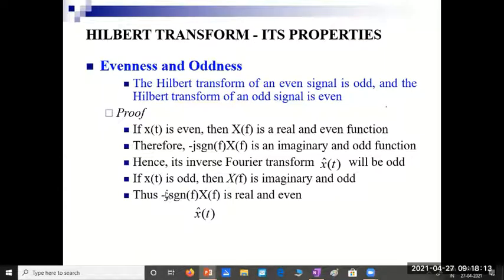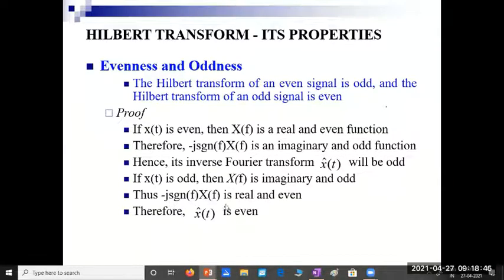When you multiplied with minus j, it became real, because minus j into j becomes minus j square, which is plus 1. And since it was already odd, when you multiply an odd function with another odd function, signum of f being an odd function, you will get an even signal.